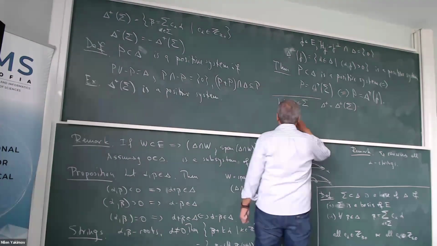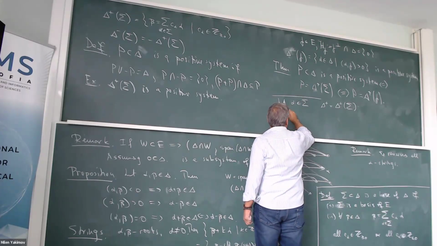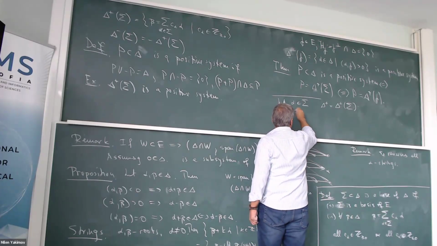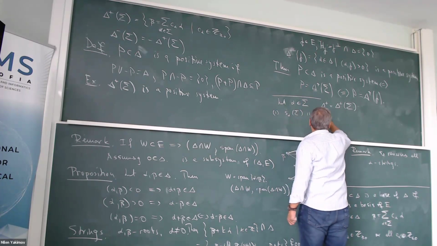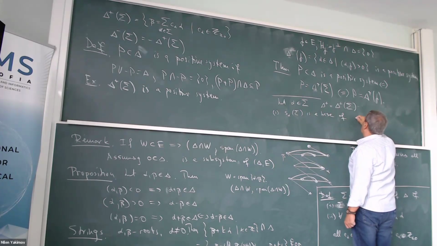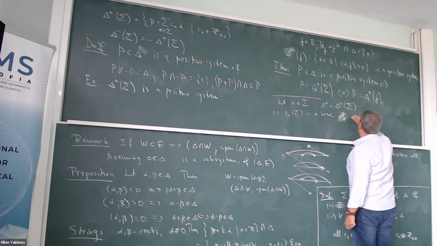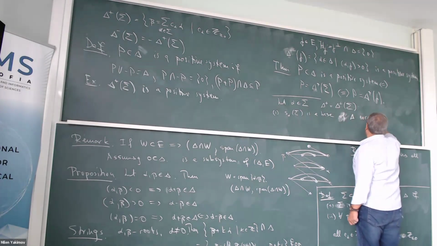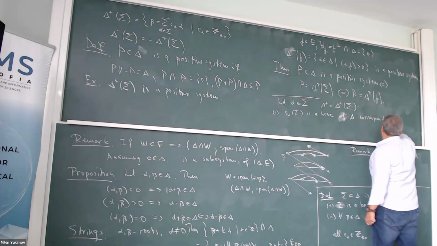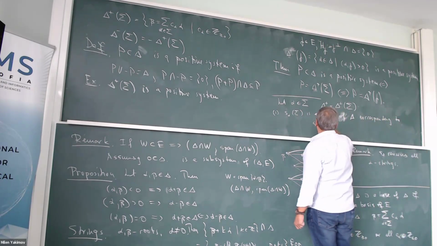So two remarks. First is S alpha of sigma is a base of delta corresponding to S alpha of delta.